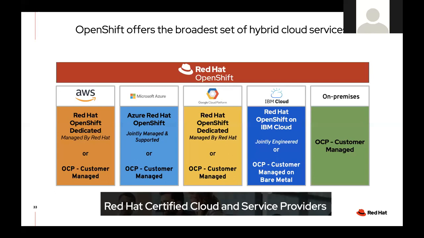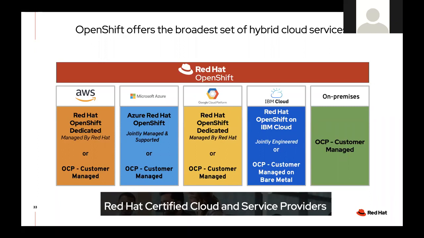Also, on Google Cloud Platform, we have the Red Hat managed or the OpenShift customer managed. We don't have yet a combined managed offering on Google. Also on IBM Cloud, it's available in the same way. And it's also definitely available on-premise. And we're offering also soon managed services for your on-premise OpenShift platform.